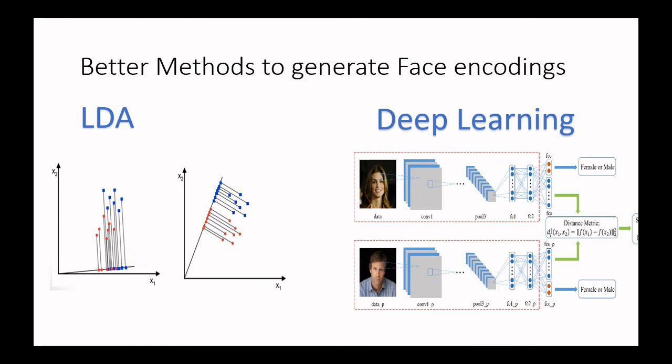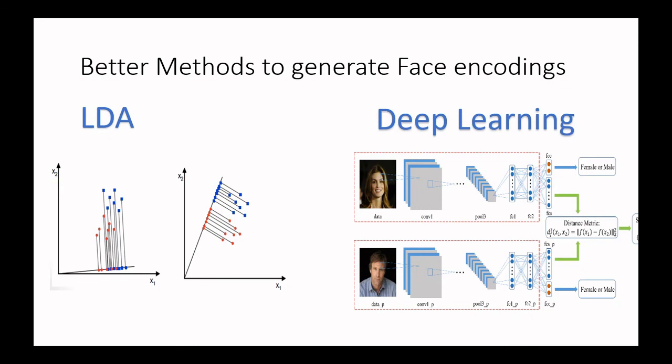Now this is one way to reduce the input image dimension and recognize faces. But there are better methods. One of them being LDA, linear discriminant analysis, where we minimize within class variance and maximize between class variance.